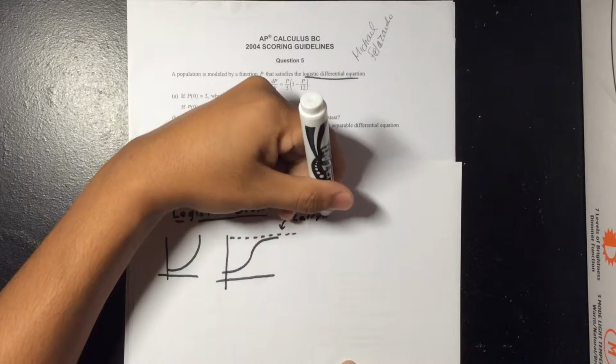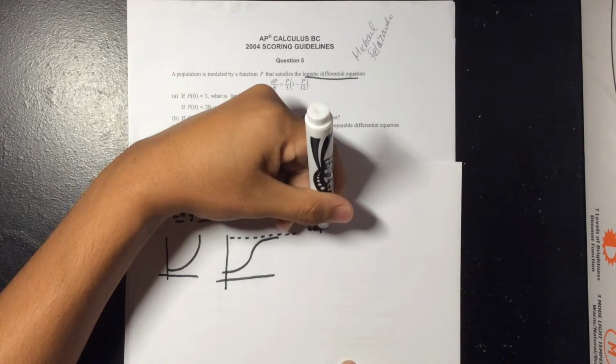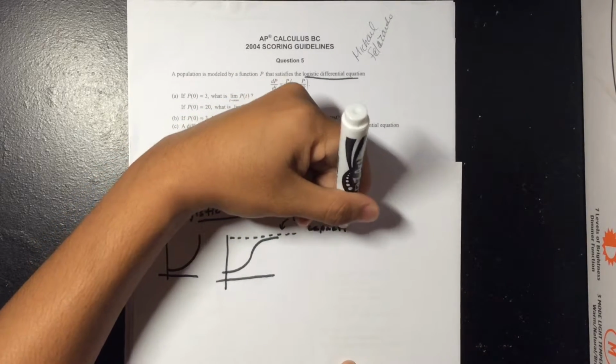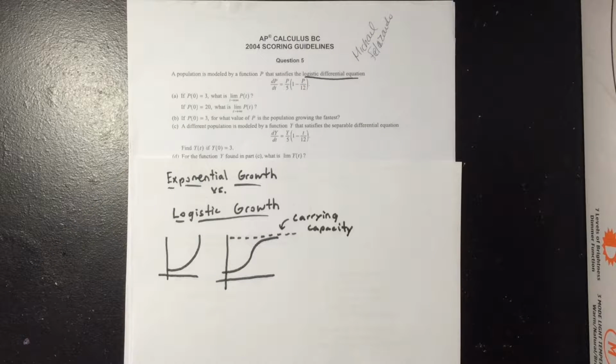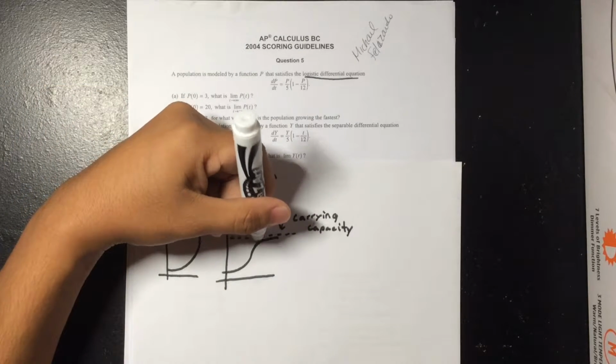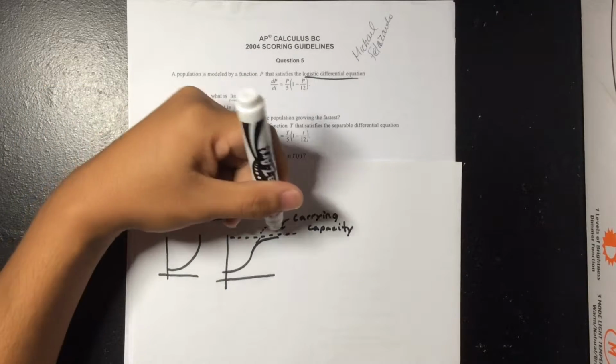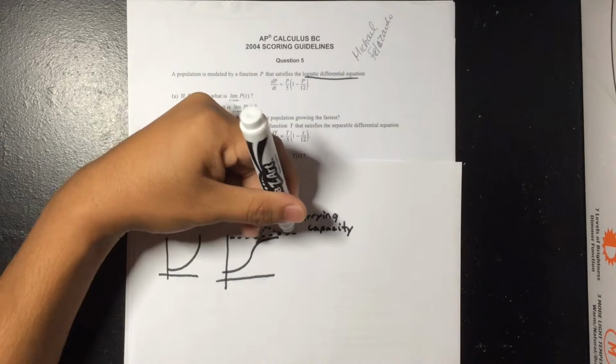A carrying capacity is like the largest number that an environment can hold for a certain population. And once a population goes over the carrying capacity, it's likely to go down.